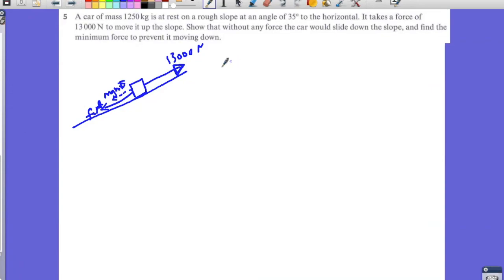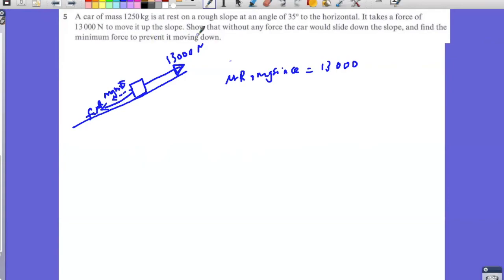And this is in limiting equilibrium. So you resolve parallel, you should have mu R plus mg sine theta equal to 13,000. You already know R, so you can use it to find mu.